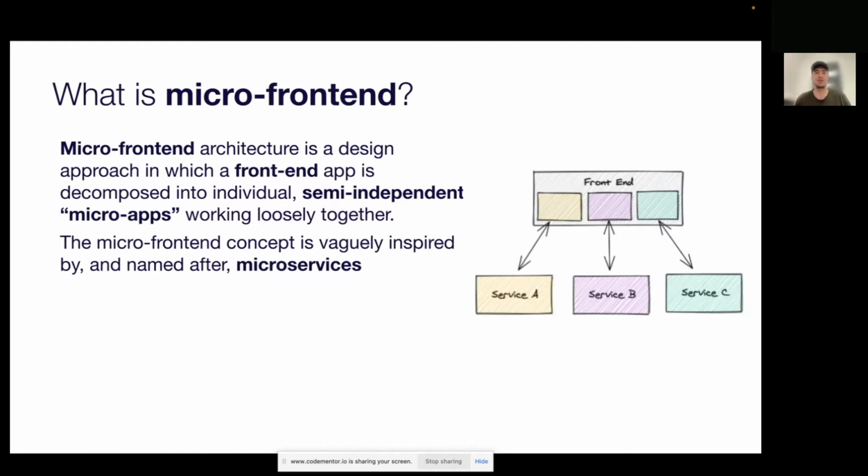The same as with microservices, you can split your API and your business logic into different services. The same with micro-frontends. If you have, for instance, a couple of pages inside your website, like a profile page and a dashboard, they can be two different micro applications. And it's actually inspired by microservices.